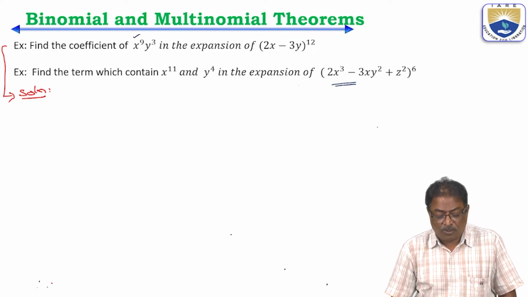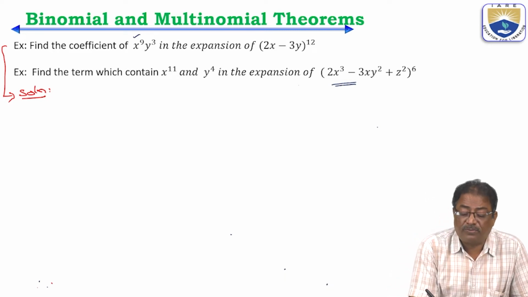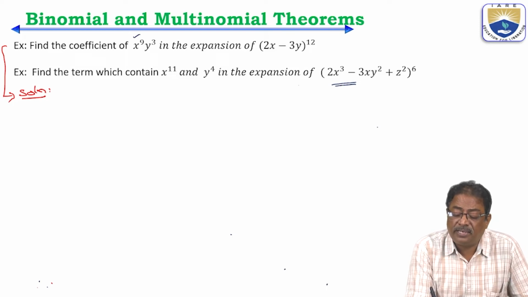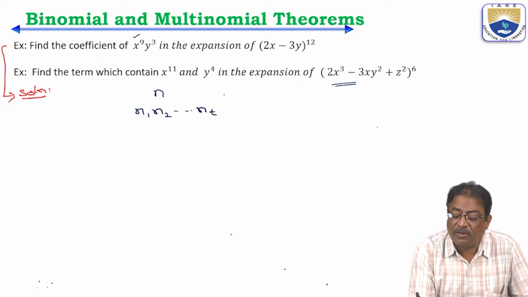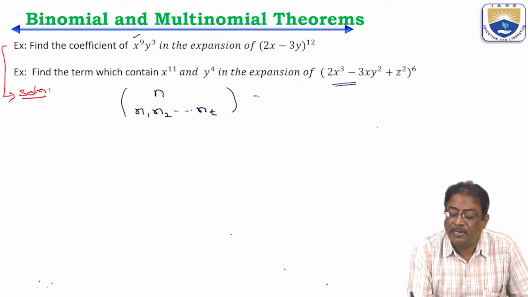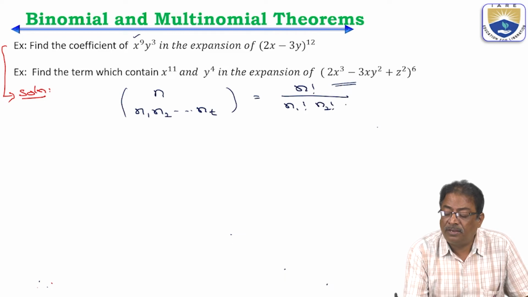Here, the coefficient is n factorial by n1 factorial, n2 factorial and so on, nt factorial.